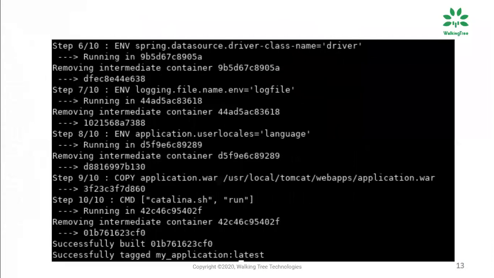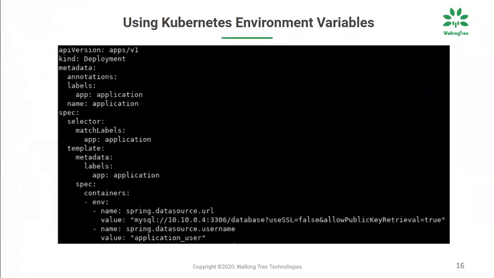However, despite that part being taken care of, one of the issues still remains: those environment variable values still need to be passed. They still need to be changed every time in the deployment that you do.